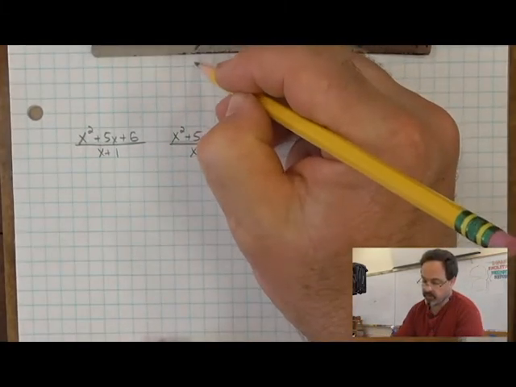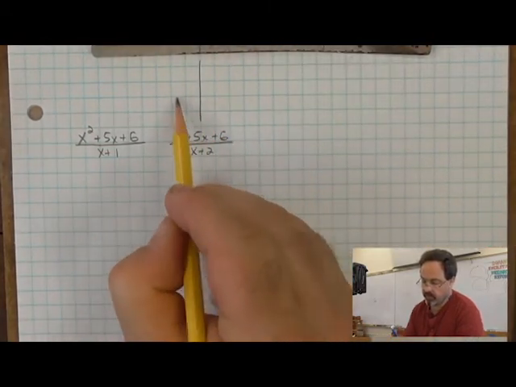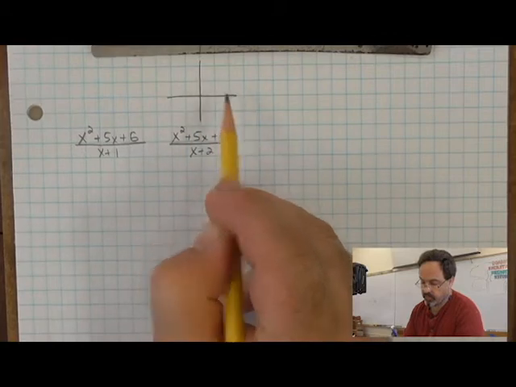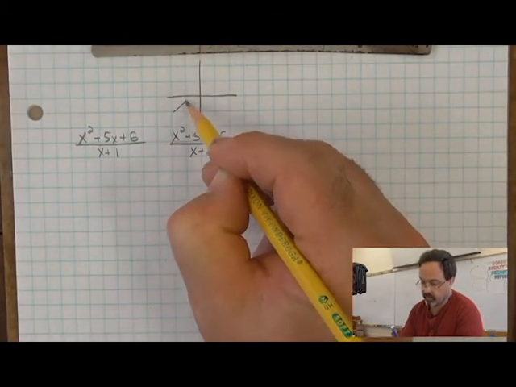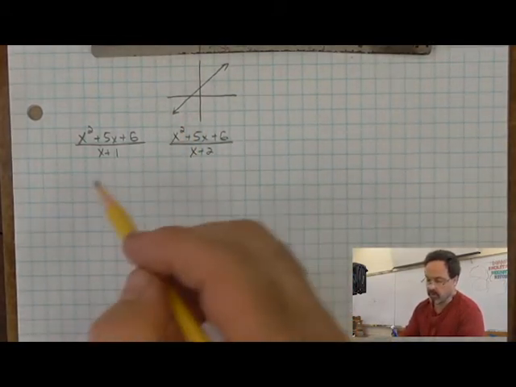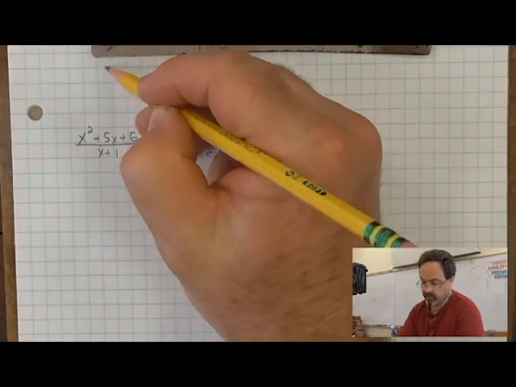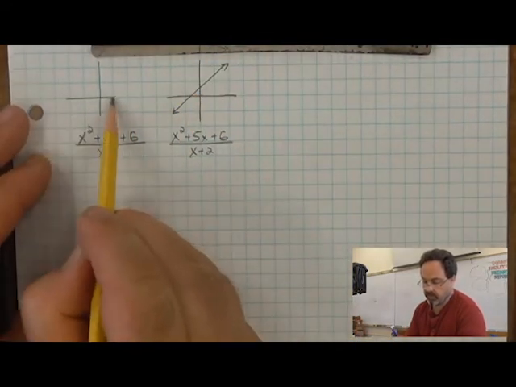The function that looks like a straight line, I will sketch right above the function. It's the one that has a denominator x plus 2, and it looks approximately like this. The one that looks like a transformed hyperbola, I will sketch above it.